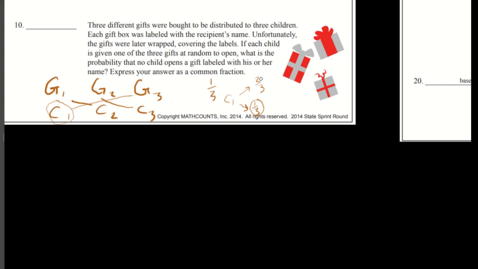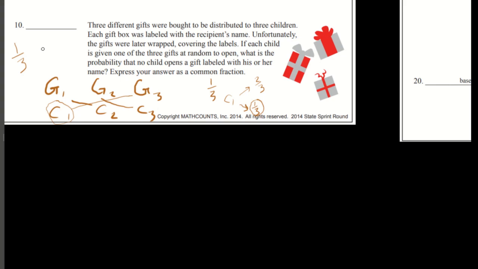So our final answer is going to be 1/3. Oh wait, what is it that no child opens? Actually, maybe it'll be easier to figure out the probability that at least somebody opens their own gift, and then at the end we'll do 1 minus that. Does that make sense?